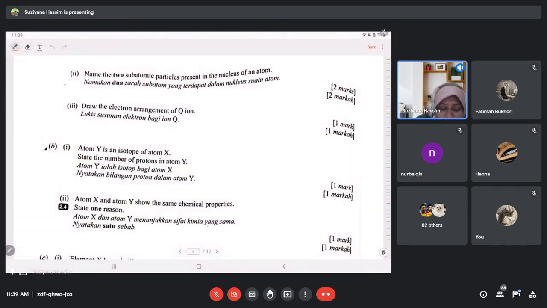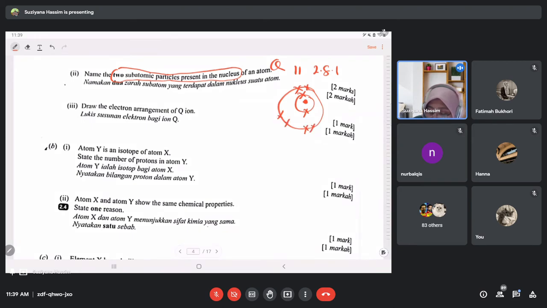Name 2 subatomic particles present in the nucleus. Just now 11 for the Q, electron arrangement 2.8.1.